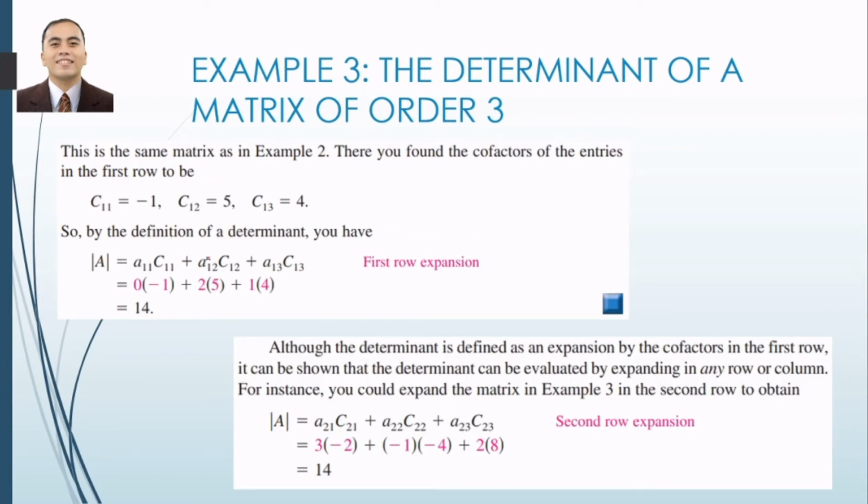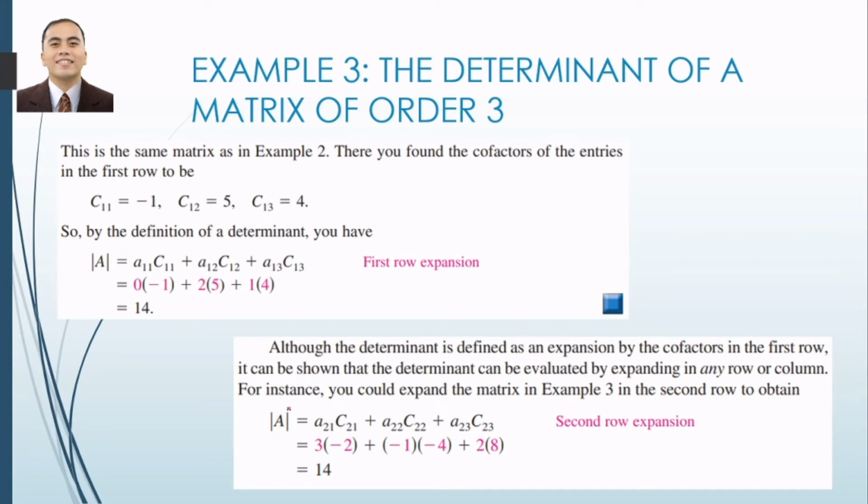This is the same matrix as in example number 3. Although the determinant is defined as an expansion by the cofactors in the first row, it can be shown that the determinant can be evaluated by expanding any row or column.